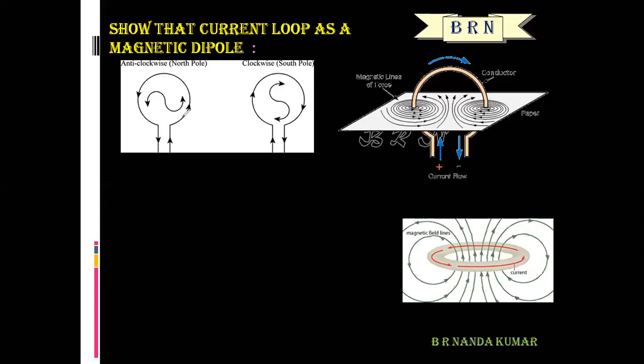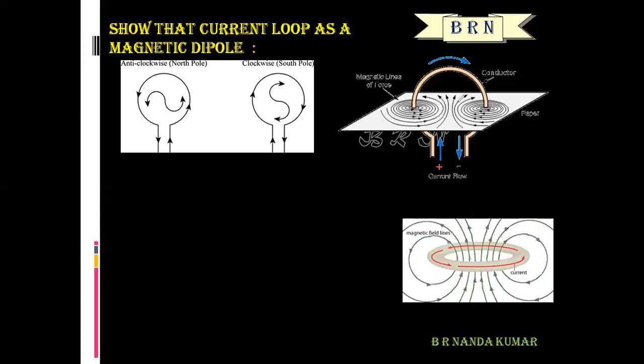So that confirms that the face of the loop in which current flows anti-clockwise behaves like a north pole.